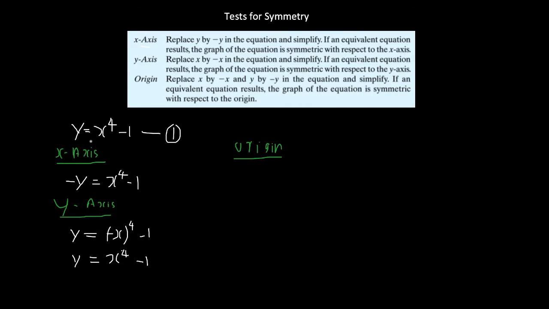Then negative y equals negative x to the power 4 minus 1. So negative y equals x to the power 4 minus 1. You see this is different from equation number 1. Therefore, this is not symmetric with respect to the origin.